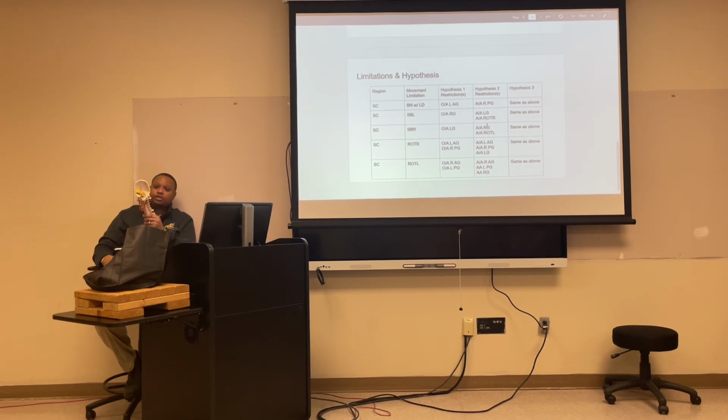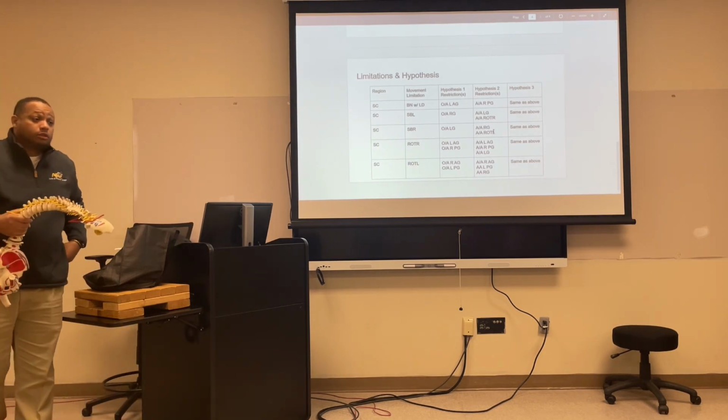And then, of course, the atlas slides or glides to the right with rotation to the left. So your hypothesis is based off of what? What are hypotheses based off of? Orthokinematics, concave convex rule dictates our hypothesis.